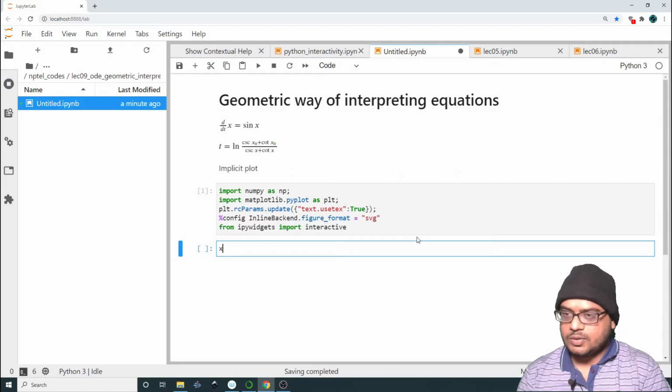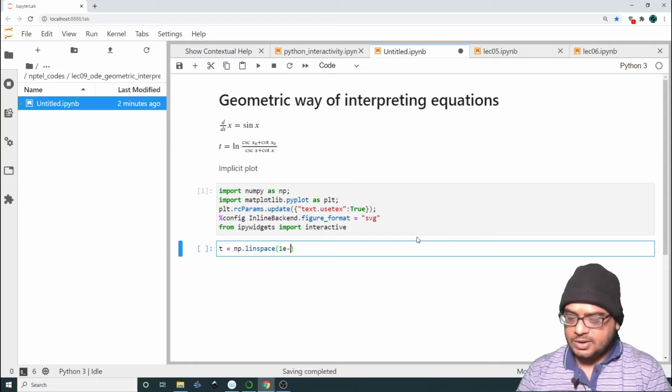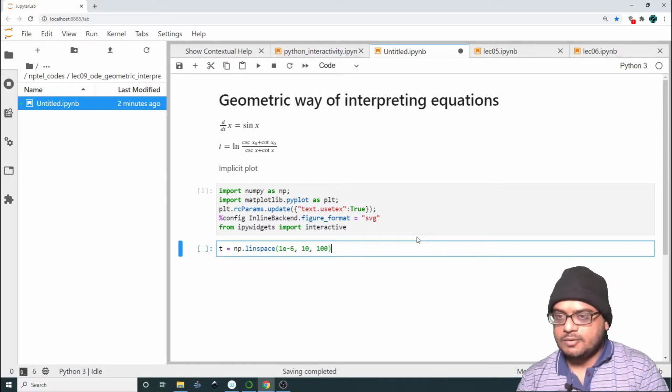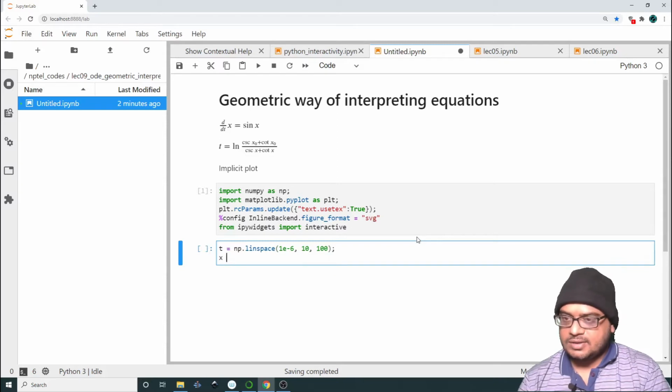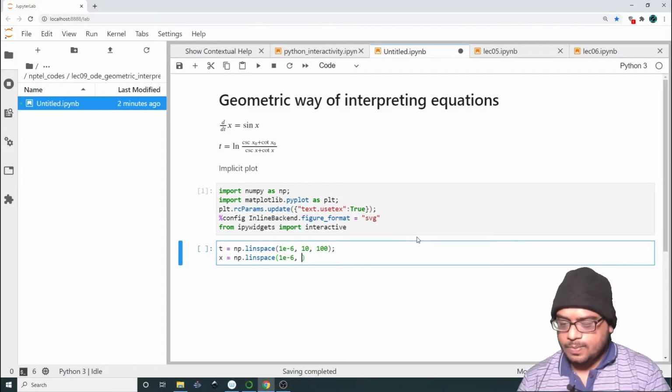Let t be a linspace from 1e minus 6 to 10, and let me take 100 points. Let x be a linspace from 1e minus 6 to 4 times pi.